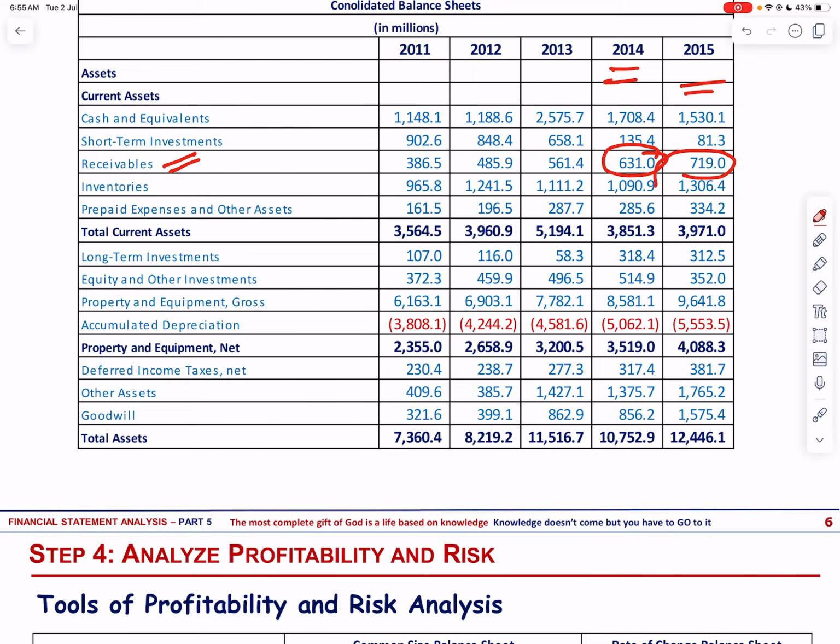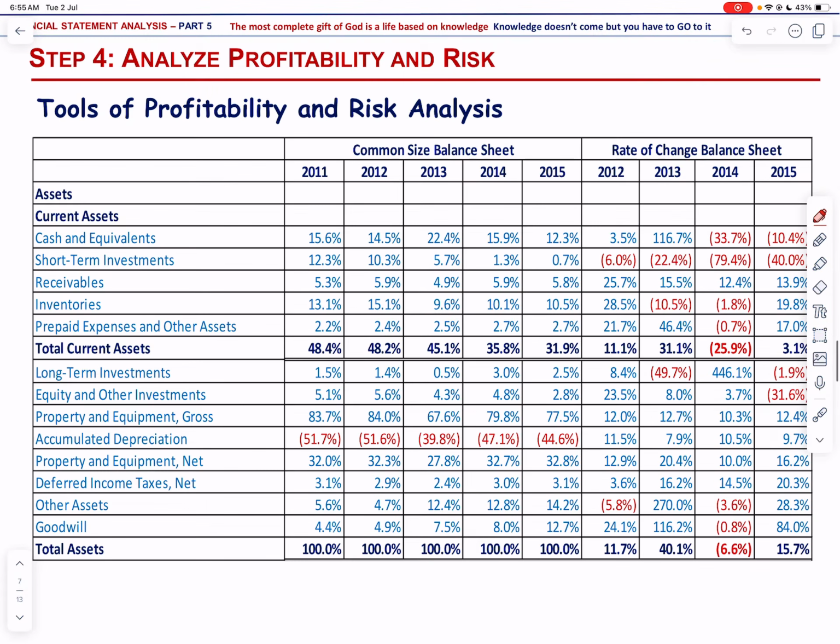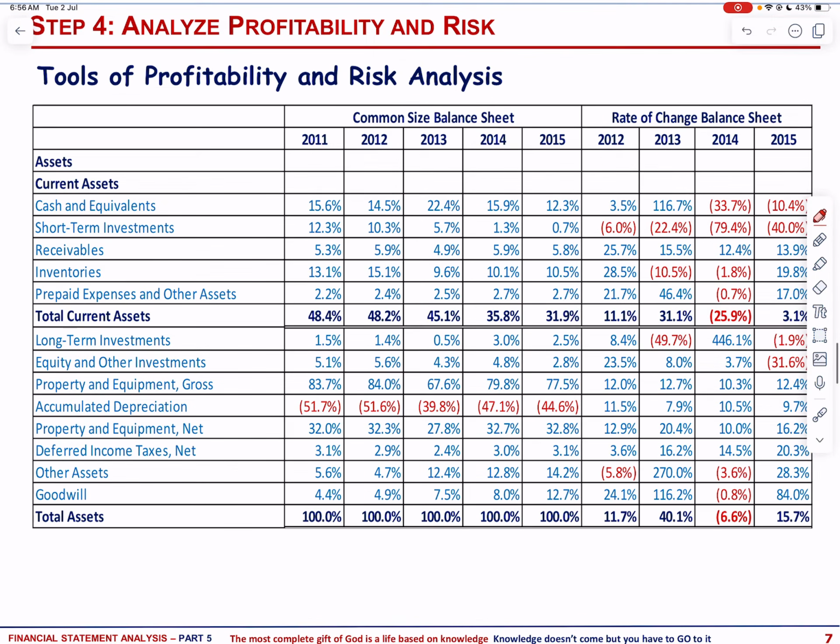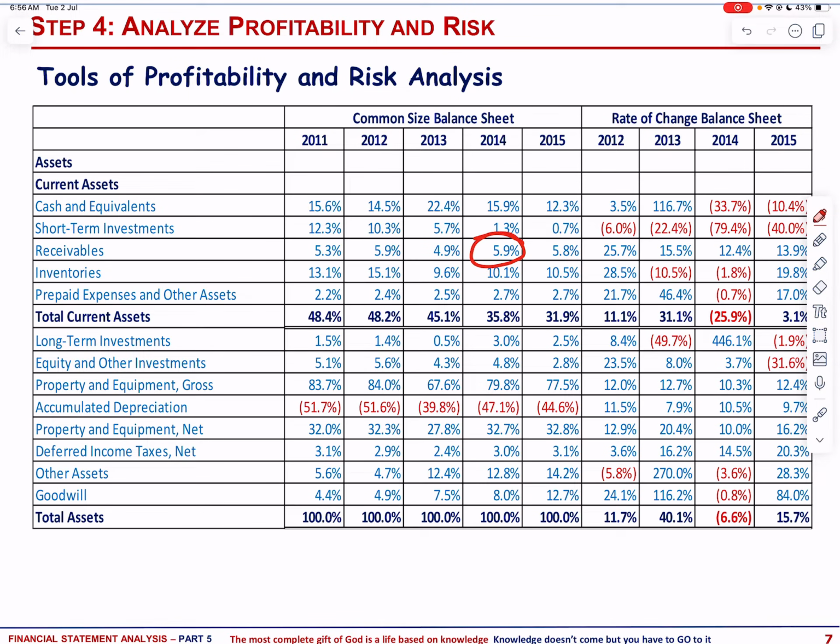Despite this increase, the percentage of receivables relative to total assets decreases slightly from 5.9% to 5.8%. And the reason is that the total assets increased at a faster rate.